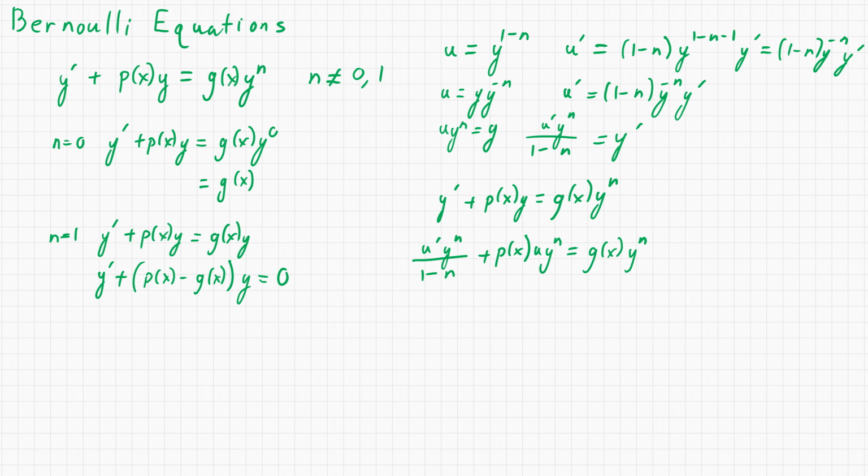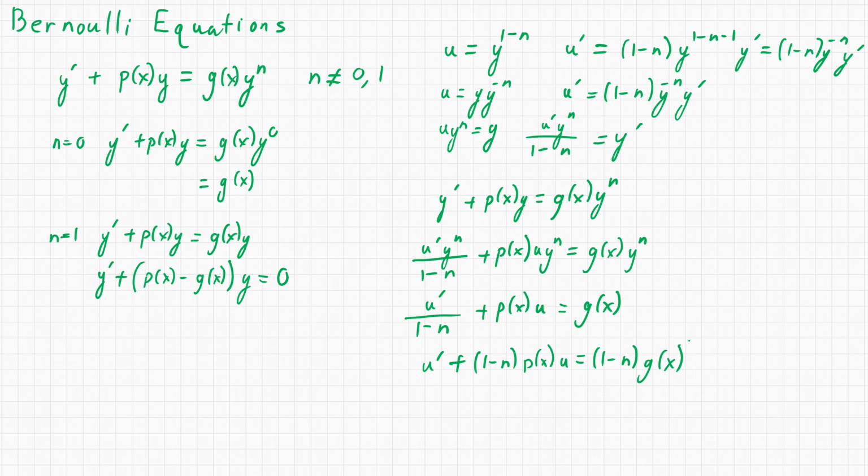And now you'll notice all three of these terms just have y to the n inside them. We can essentially divide it out. So we end up with u prime over 1 minus n plus p of x times u equals g of x. And then if we don't want this fraction here, we can write u prime plus 1 minus n times p of x times u equals 1 minus n times g of x.